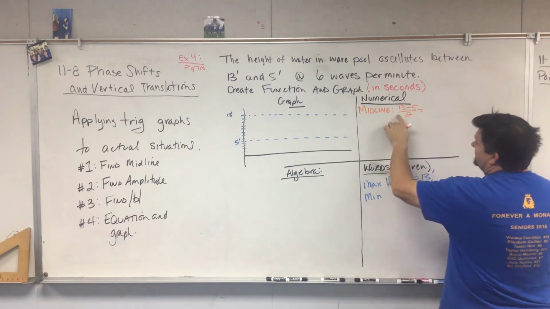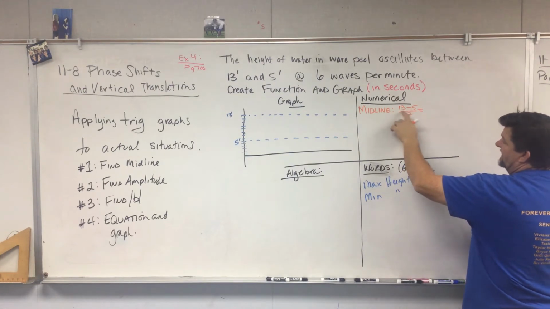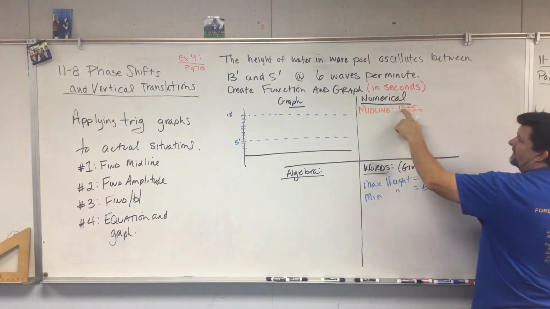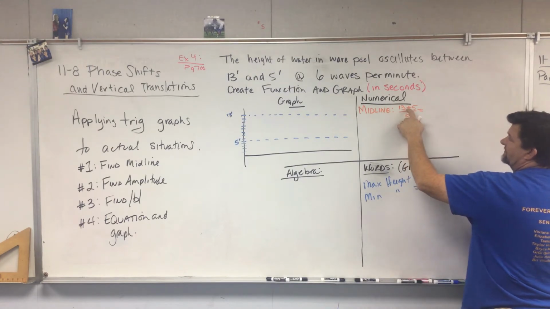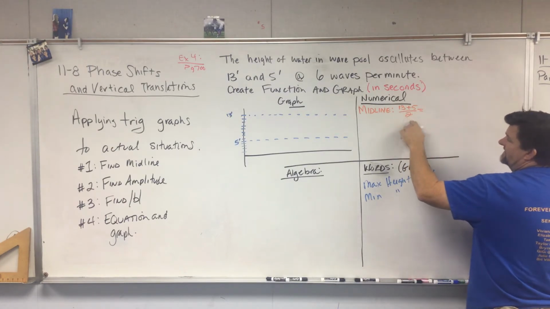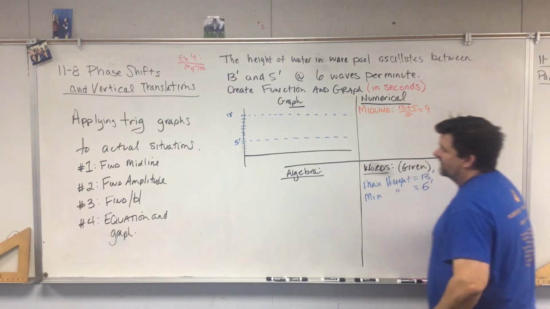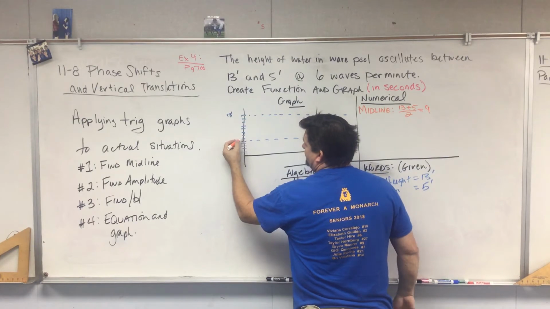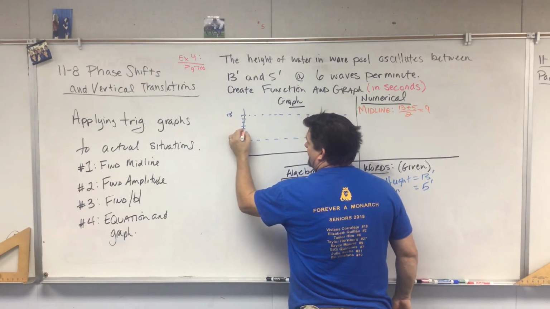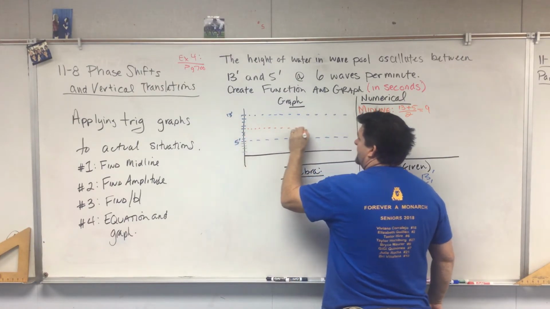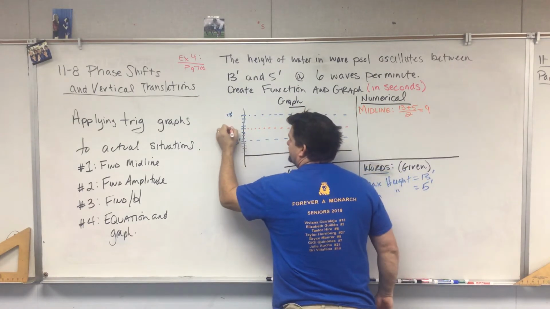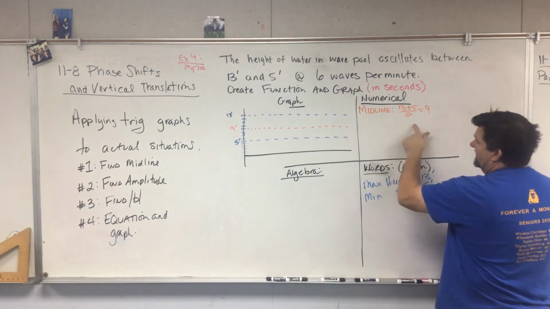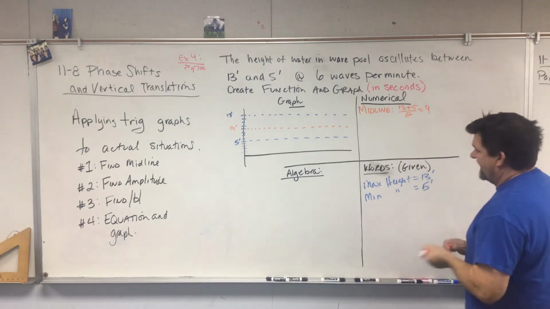No, we're going to add it, sorry. 13 plus 5 is 18, divided by 2 is 9. If we go up to 9, 6, 7, 8, 9, here's my 9 right there. So the midline is at 9 feet. I was able to calculate that.